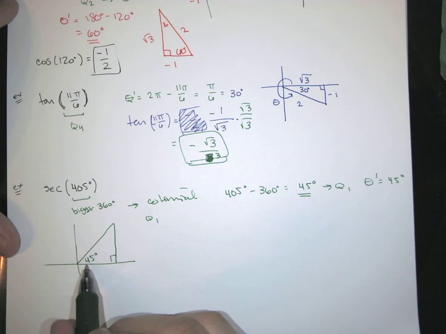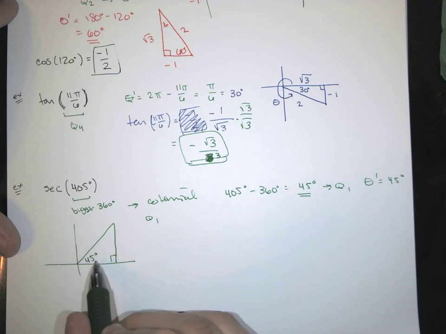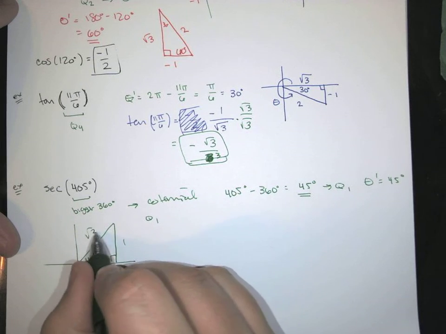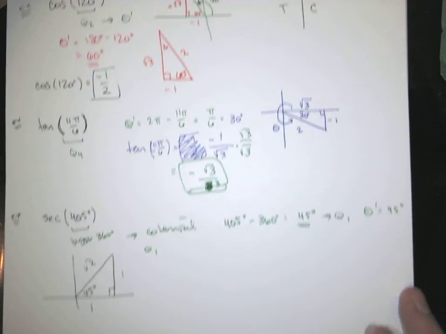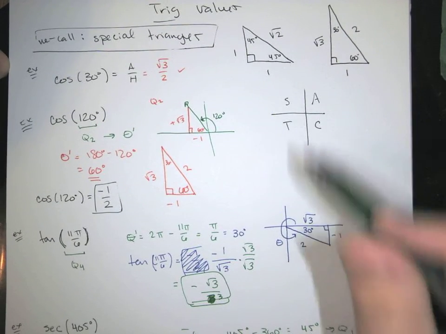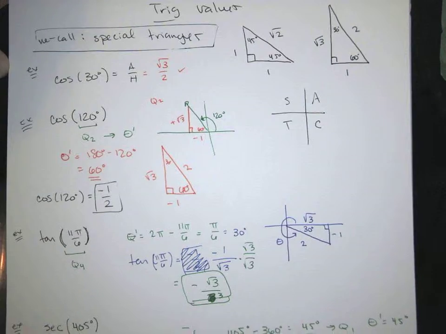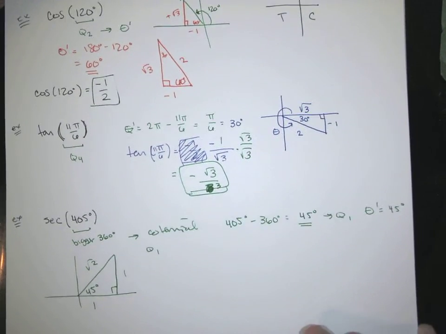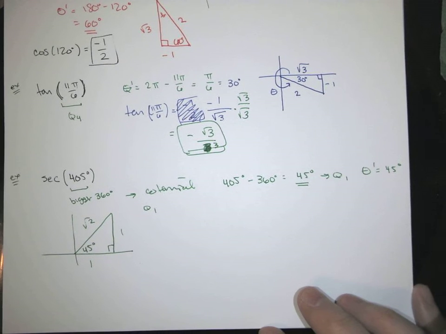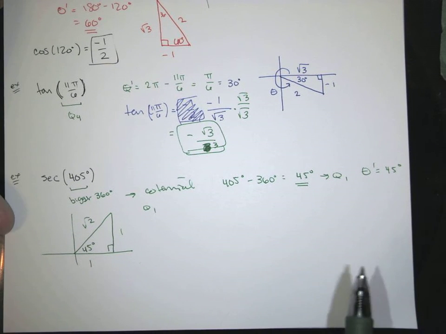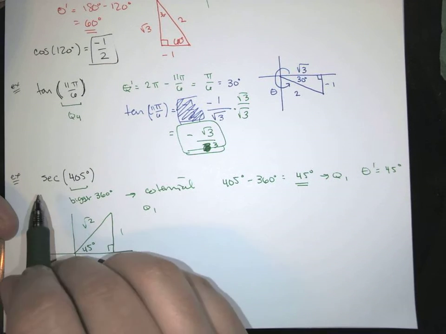405, of course, technically is going all the way around and then some. So this is going to be 1 and 1 and root 2. If we refer back to our special triangle, 45 is 1 and 1 and root 2. We just have this flipped around the other way, but all the side lengths are the same. Quadrant 1, so everything here is positive. And then which function are we working with? Secant.